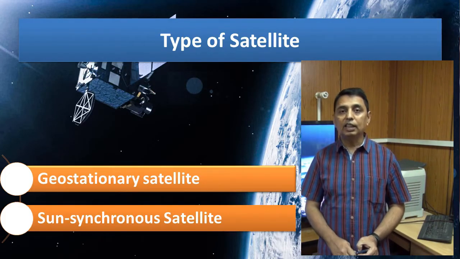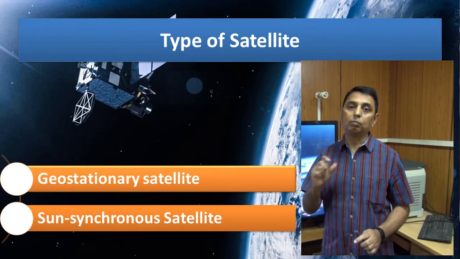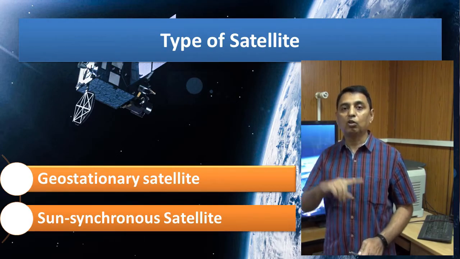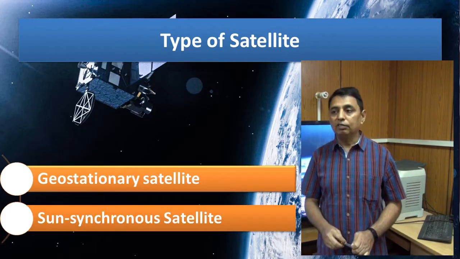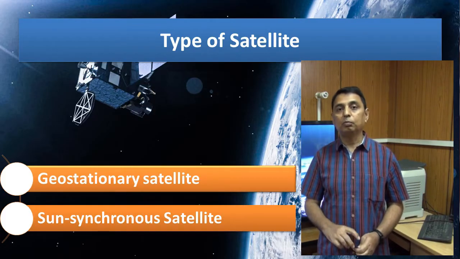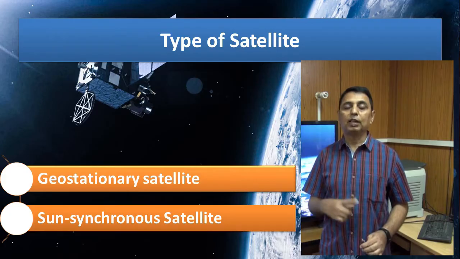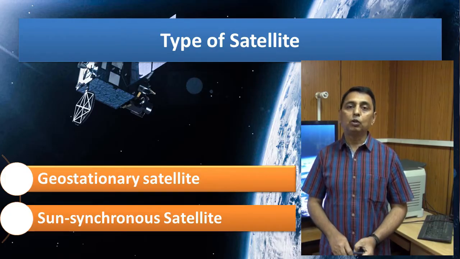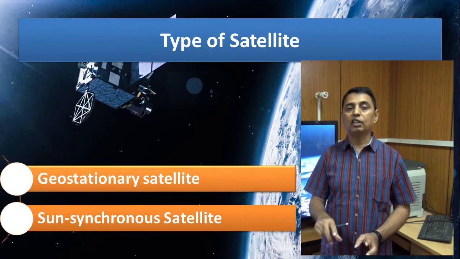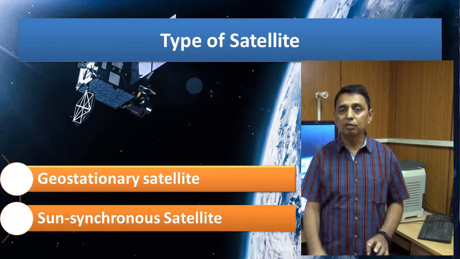This satellite is not fixed at a particular place. It is revolving around the Earth. If it crosses a particular place, after a few hours it will cross another place.